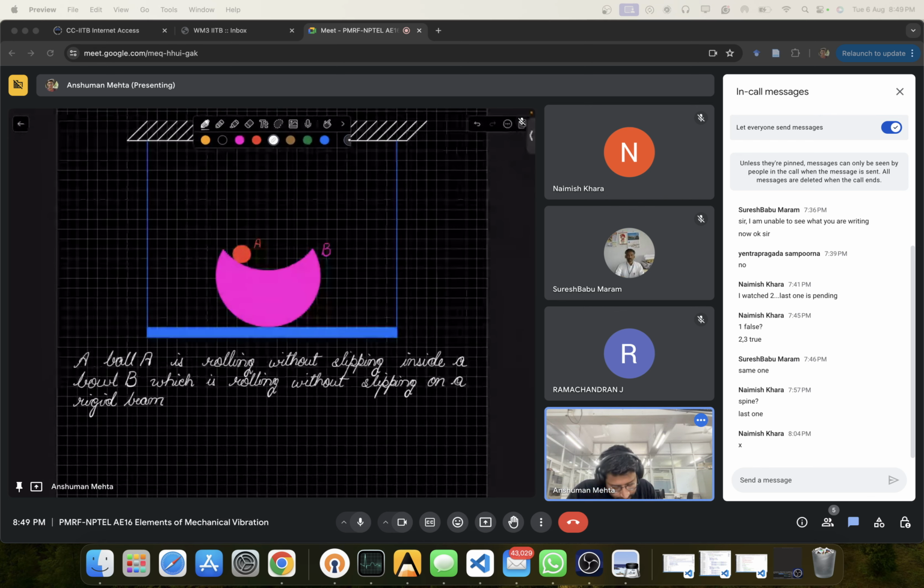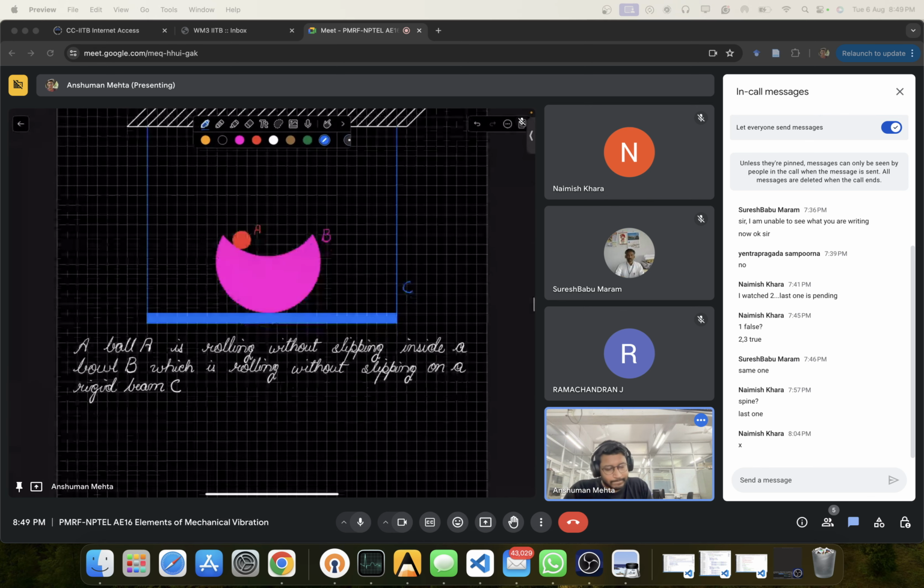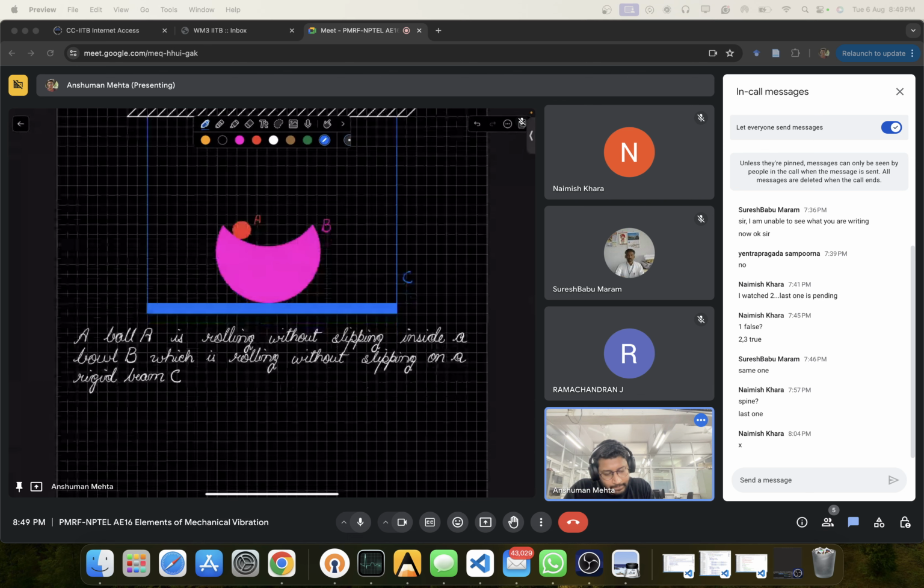Let's call the beam C. Now this rigid beam C is free to sway.